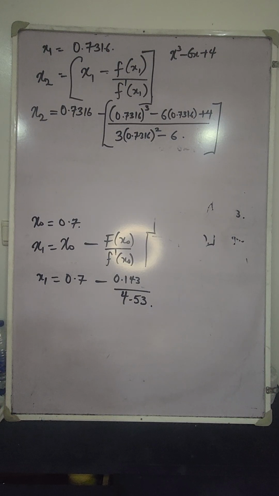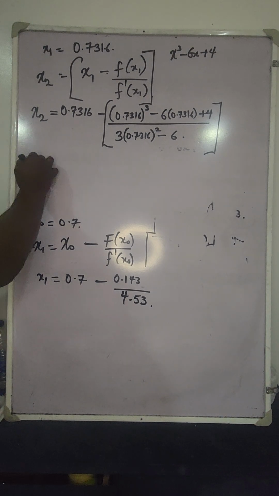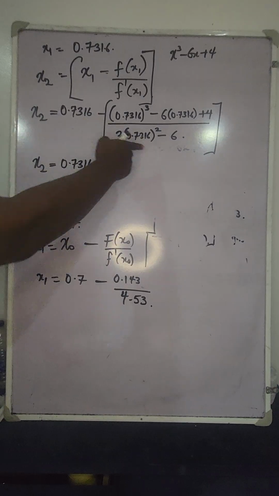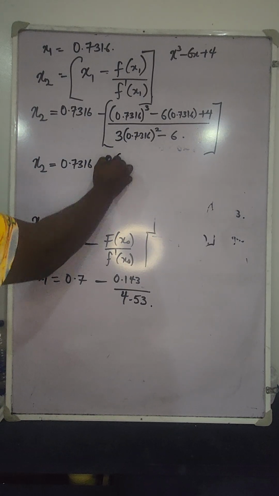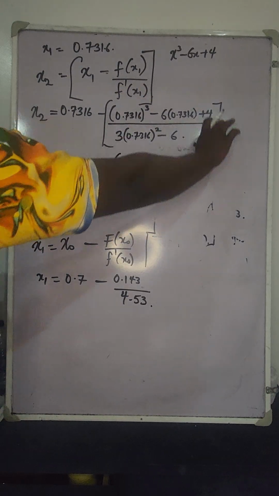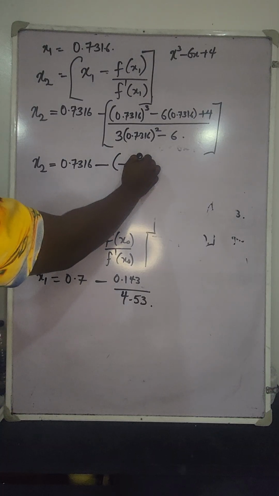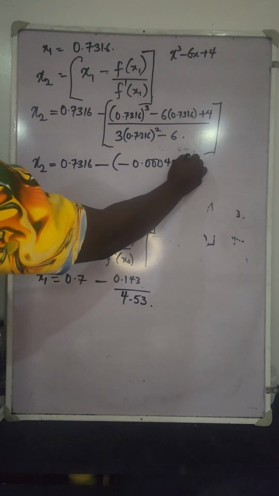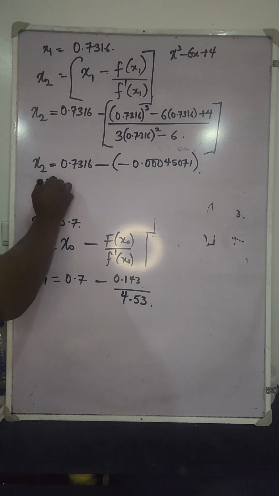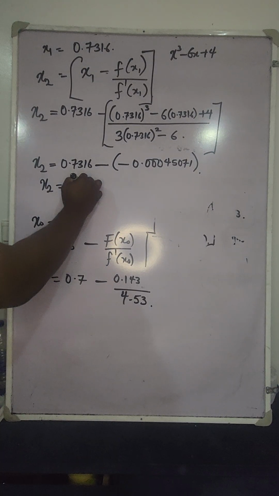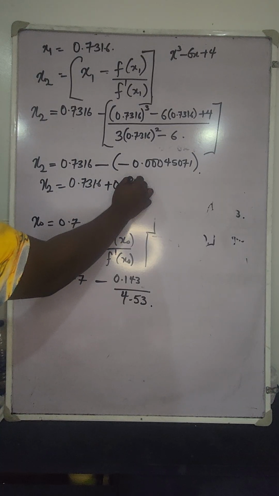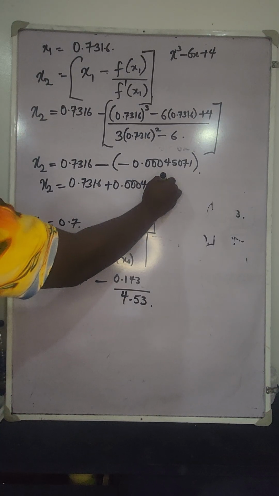So we have this, so then we have x2 equals 0.7316 minus. So this particular function here on the calculator is minus 0.000457071, and so x2 is equal to 0.7316 minus times minus is plus 0.000457071.